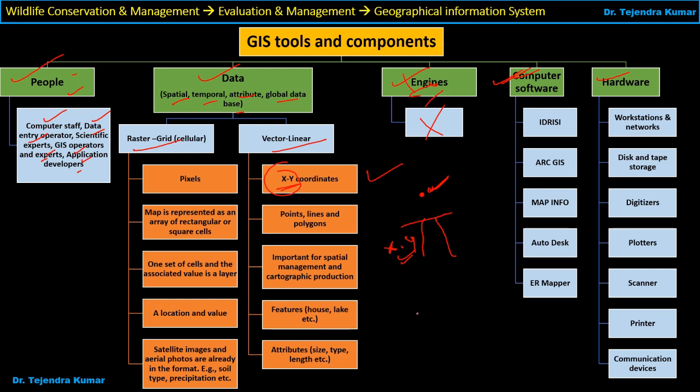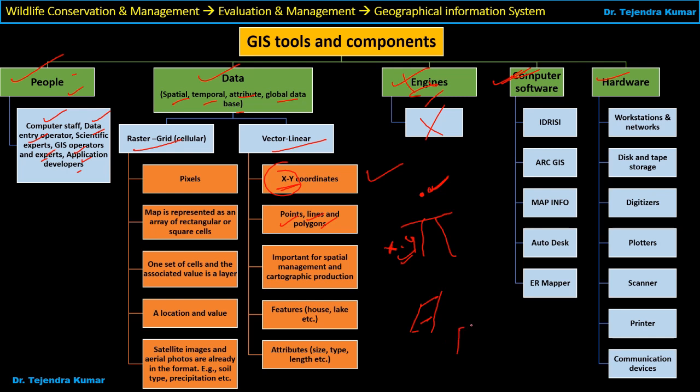So in digital form, we can see the picture this way, as we see in 2D Blender, a 2D type of imaging, where we are seeing x and y coordinates. Likewise here we can see points, lines, polygons also.